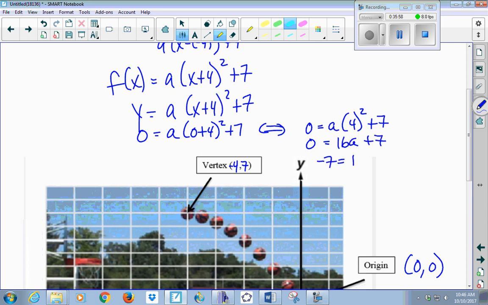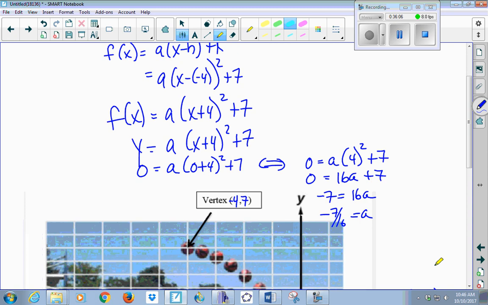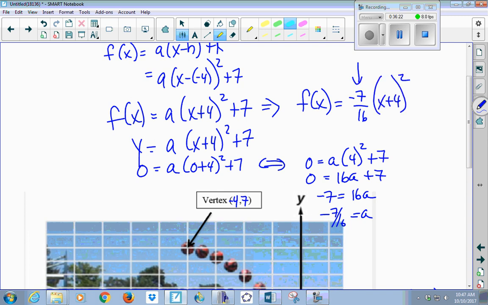Negative 7 equals 16a, so a equals negative 7/16. So now I have everything I need to write the standard form for this particular quadratic function. The a value is negative 7/16. I put my vertex in, and so here is my function.